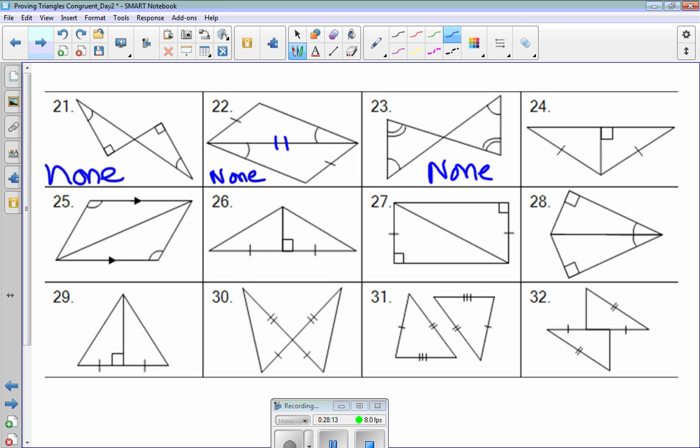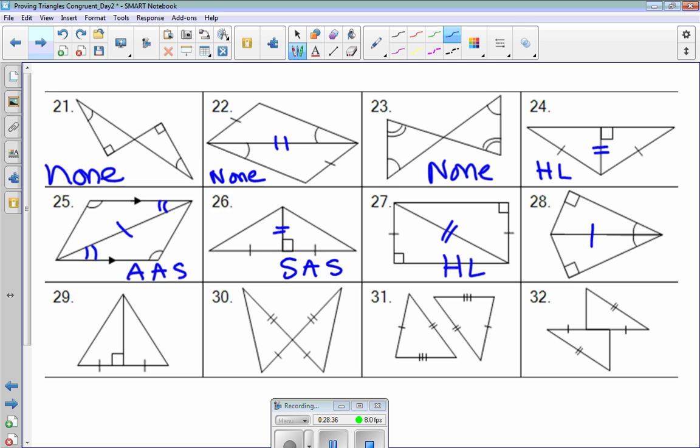Angle, angle doesn't work. This one would be a HL. This one, angle, angle, side. This one is not HL. Side, angle, side. Twenty-seven, that one's HL.